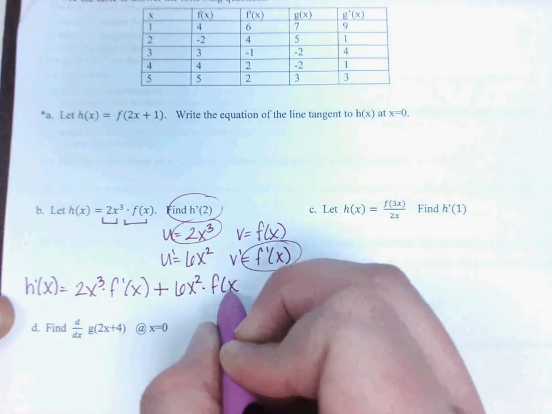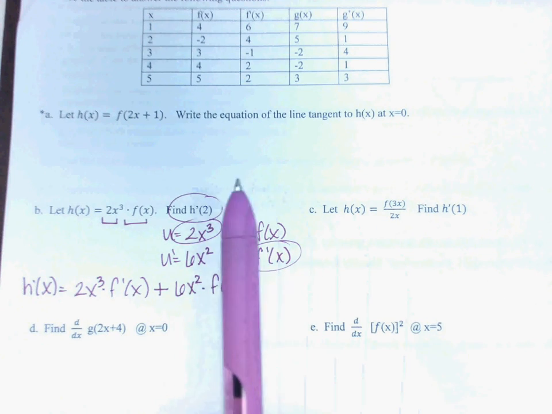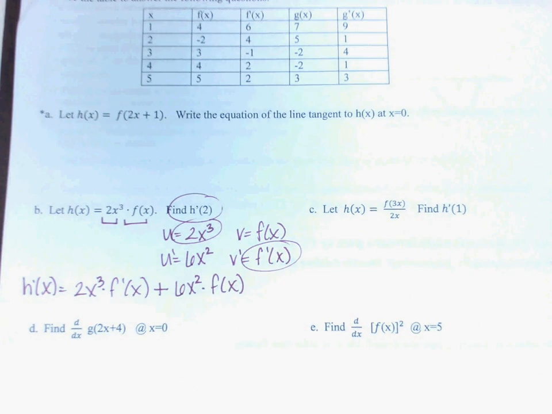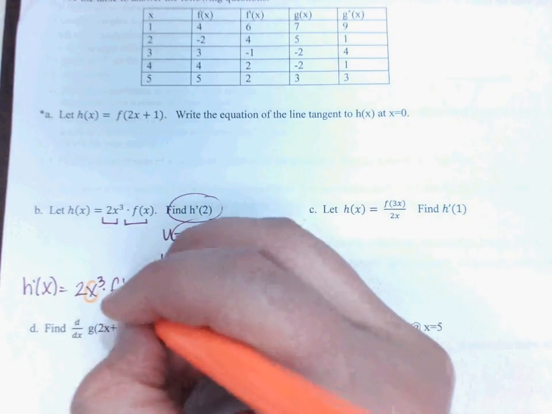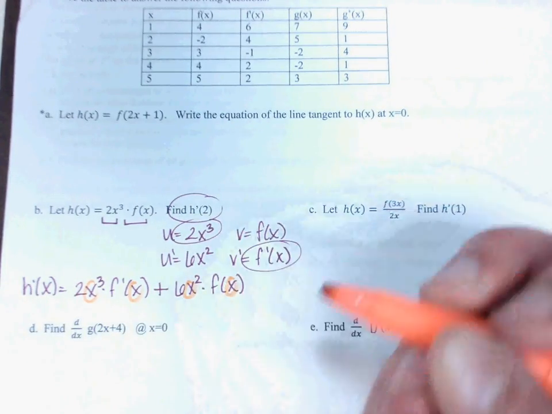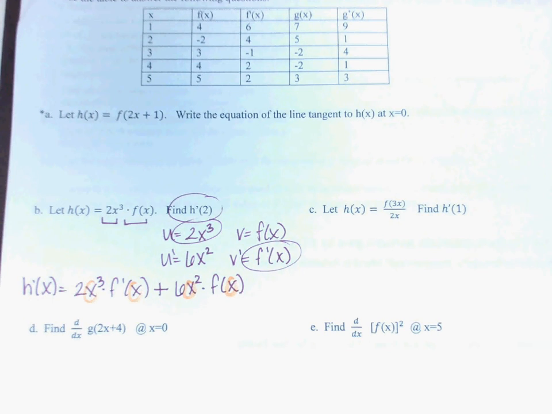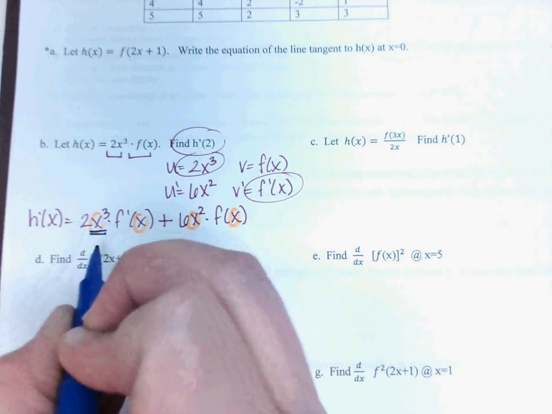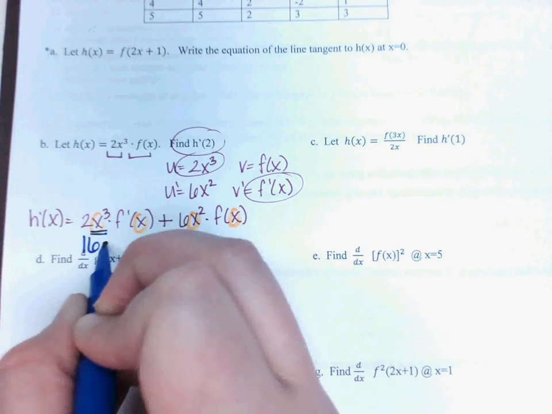Then from there, what do I want the derivative at? h prime of 2. So I'm going to take each one of these x's and replace it with a 2. Now, where am I going to find f of 2 and f prime of 2? From the chart. So let's plug our 2 into this first term. What's 2 cubed? 8 times 2? 16 times.